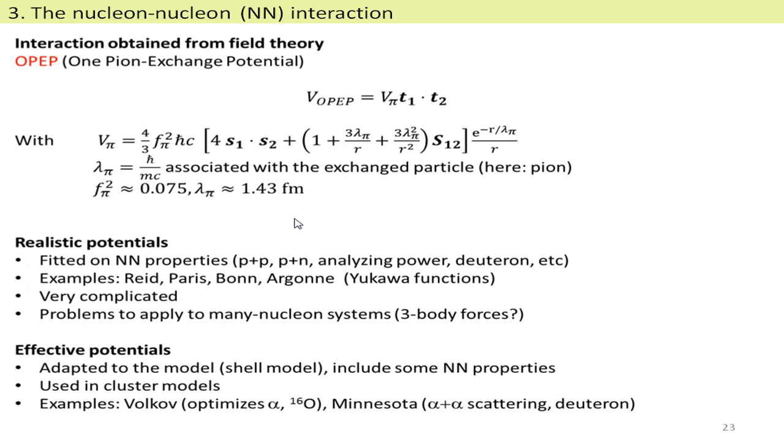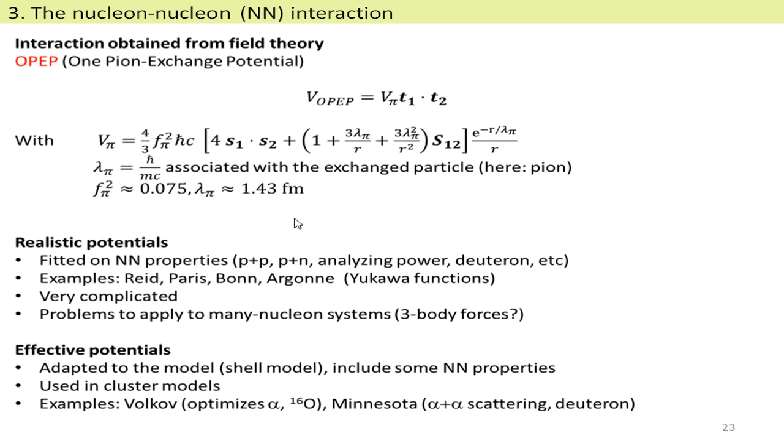In general they are very complicated, and there are problems applying them to many-nucleon systems. They reproduce the deuteron properties very well, just because they are fitted on them. But when you use them for trinucleon systems, you don't exactly reproduce the triton binding energy, which is an indication that maybe a three-body force is missing. But these are very complicated problems.